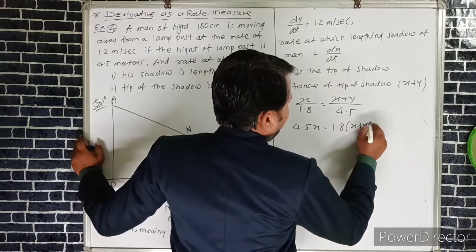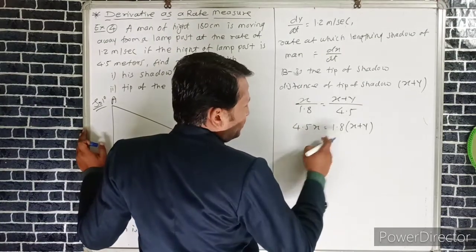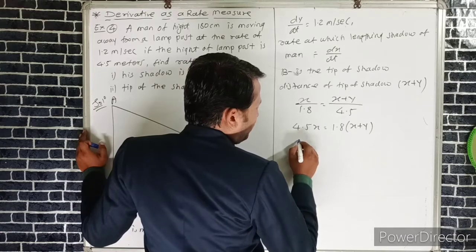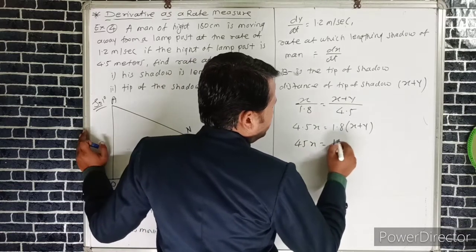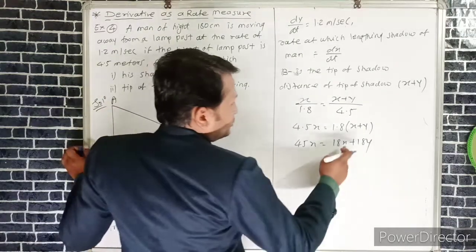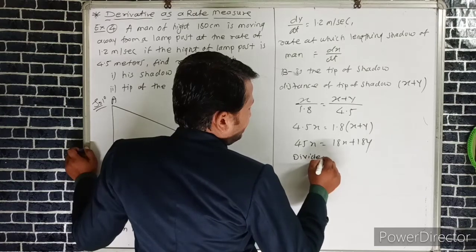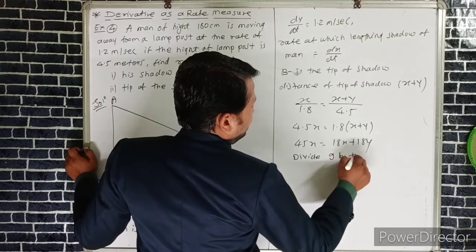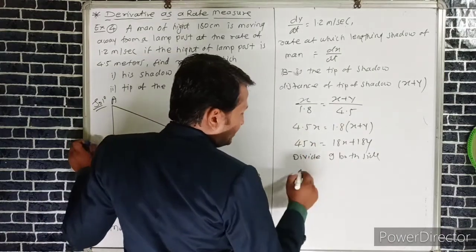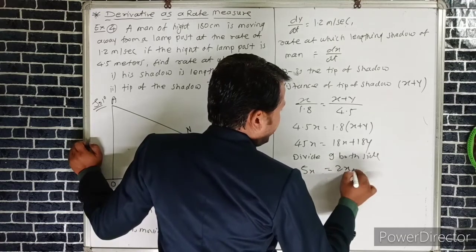Multiplying both sides by 10, we can write 45x is equal to 18x plus 18y. Or directly we can write 5x is equal to 2x plus 2y.